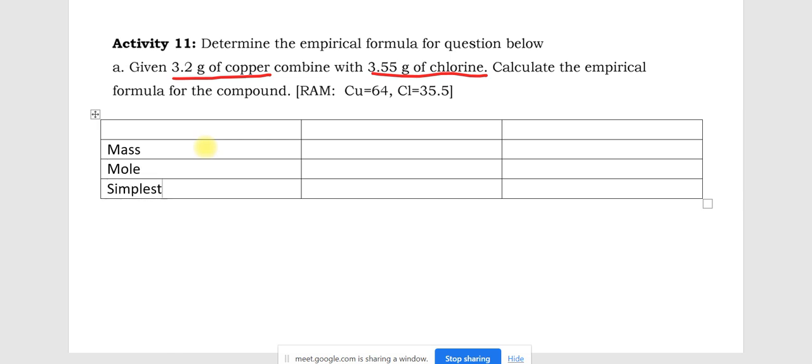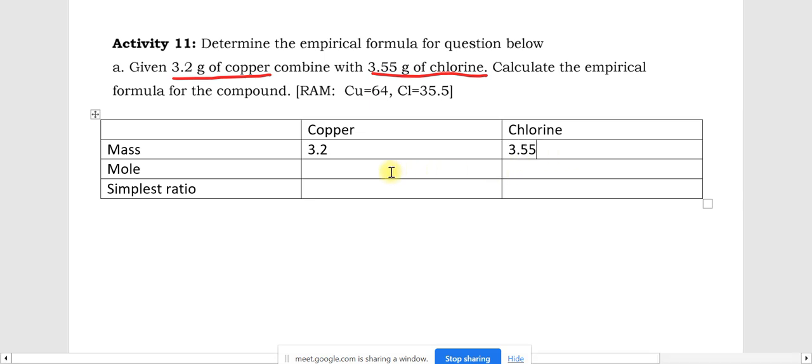This is my method. This one is for the copper, and this one is for the chlorine. The mass is 3.2, no need for units. This one is 3.55.